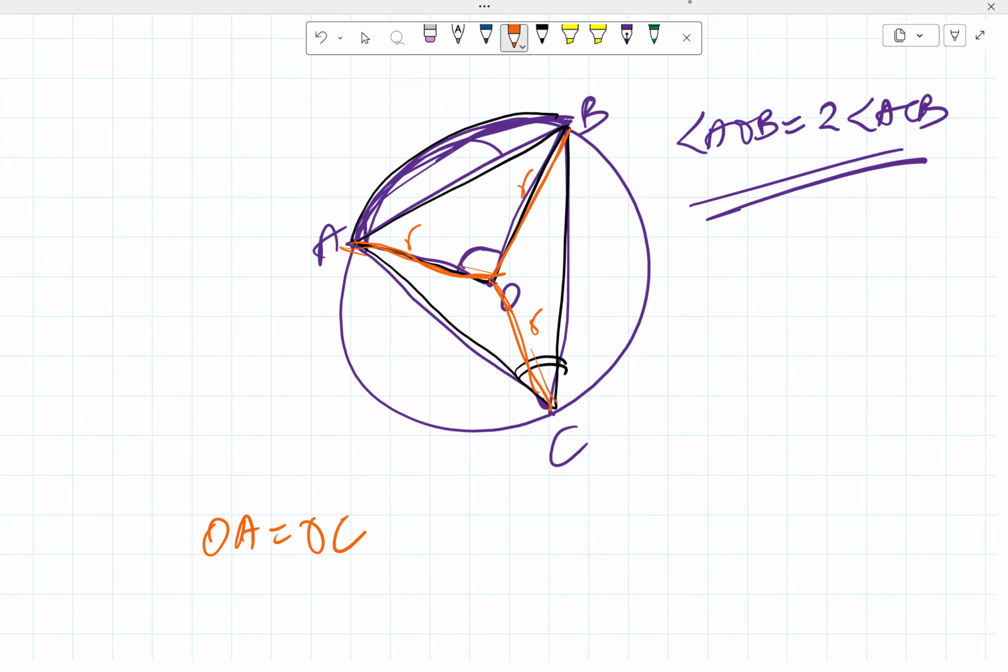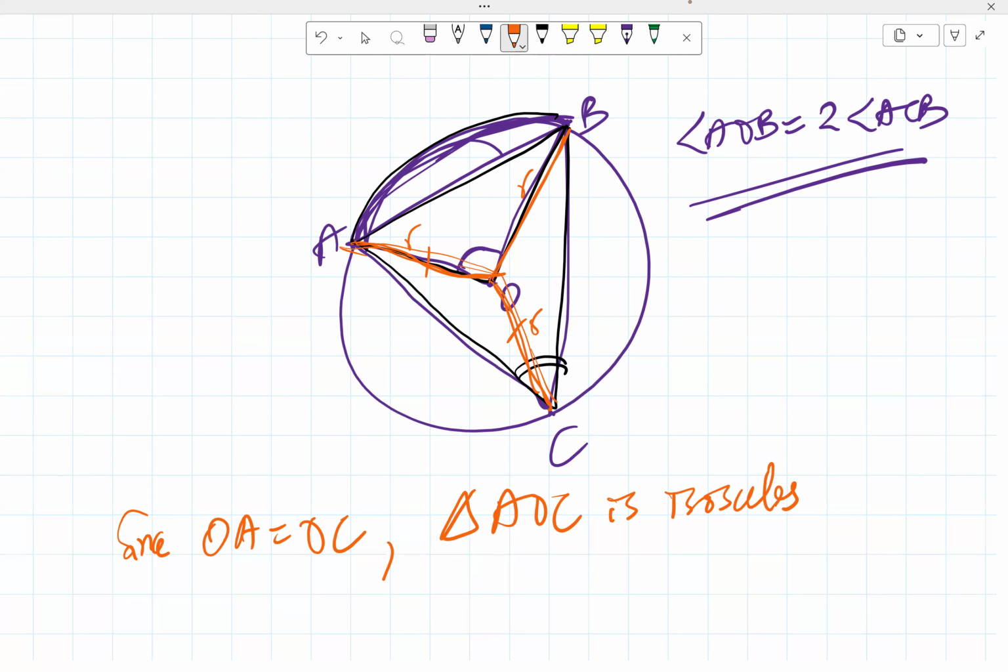Since OA is equal to OC, triangle AOC, this triangle right here, is isosceles, because this side is equal to this side since they are both radii. So triangle AOC is isosceles.